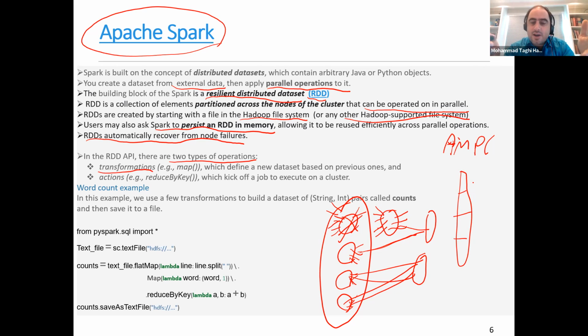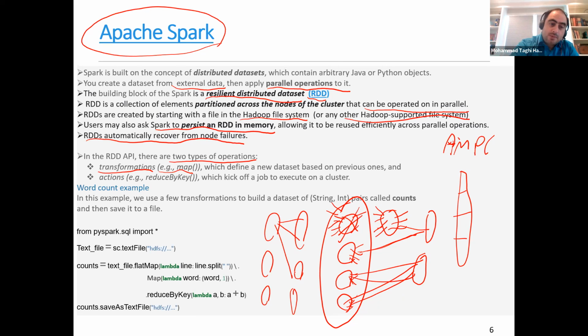That's exactly the concept of send that I mentioned: each of these computers may send some of its information to the others. This is generally the concept of map. When you do the mapping, you are actually sending this information to other computers.